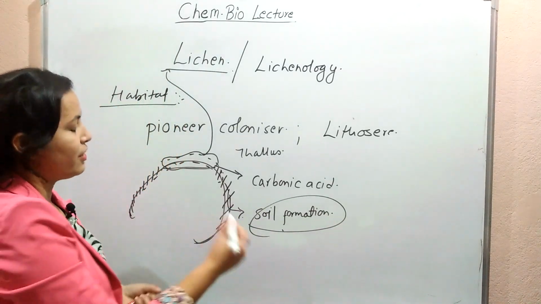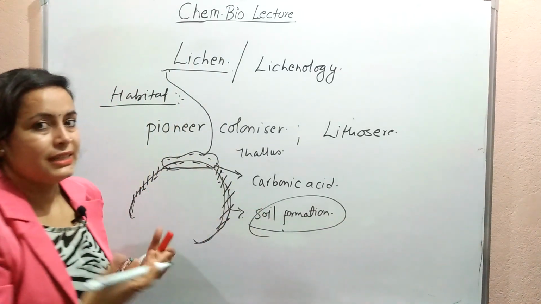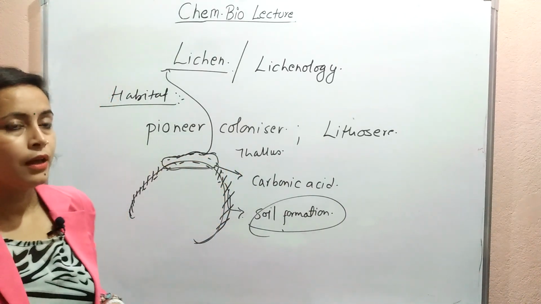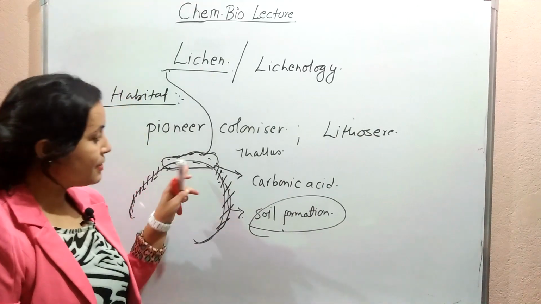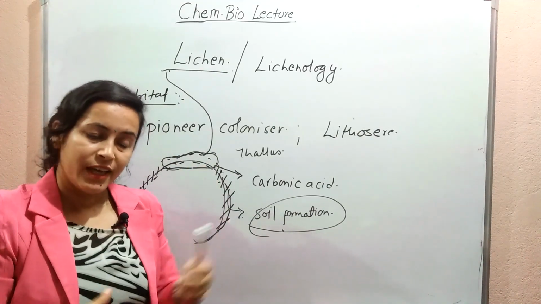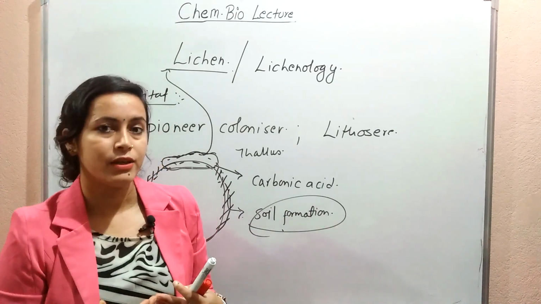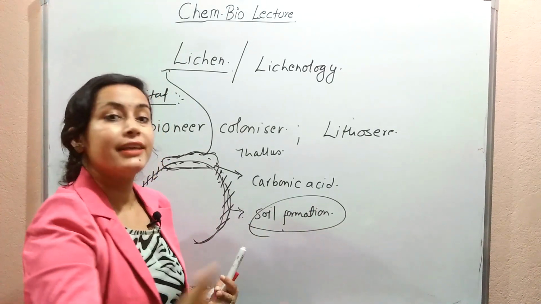Okay, and what also occurs is that, due to the death and decay of its own body, this thallus body disintegrates and adds to the organic matter. It makes the environment suitable so that other kinds of lichens can grow.